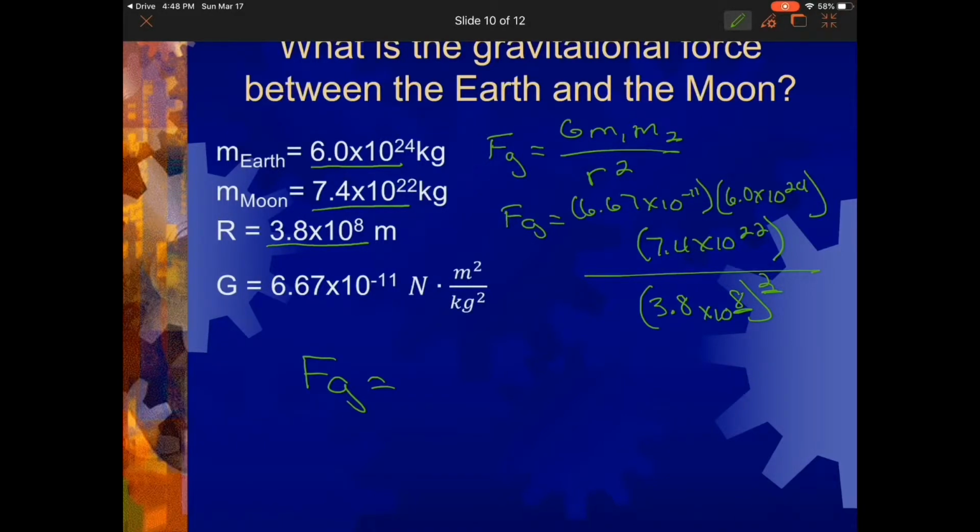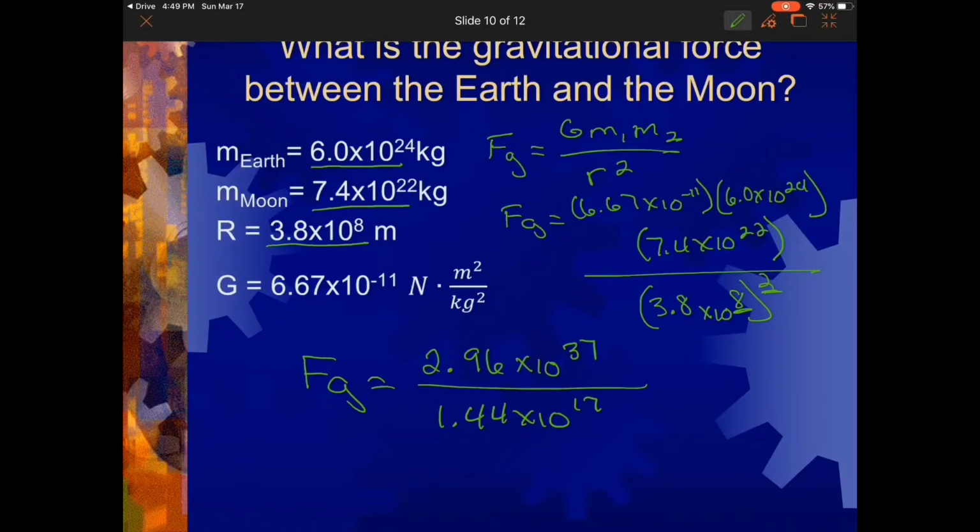So what we're going to do is the top half and the bottom half first. We're going to multiply all the numbers on the top half together and write that down. And you should get 2.96 times 10 to the 37th. And then we're going to take 3.8 times 10 to the 8th squared, and you should get something along the lines of 1.44 times 10 to the 17th.